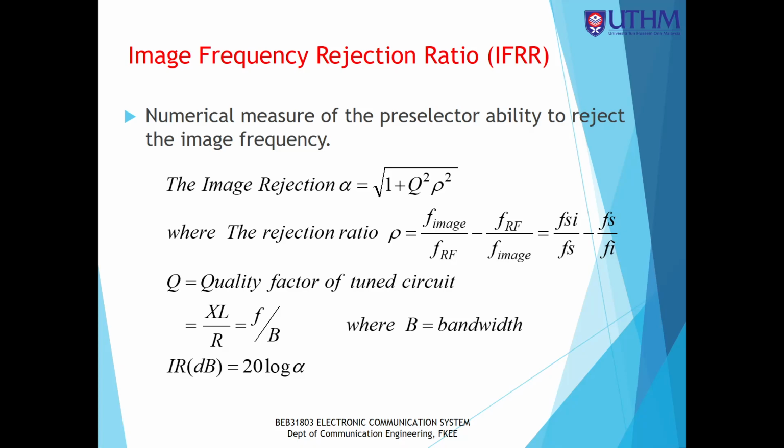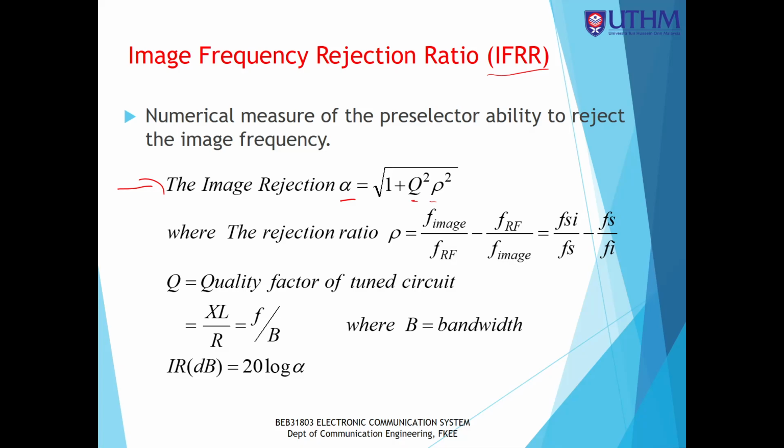We need to find the IFRR, image frequency rejection ratio, which is equal to, first, we need to find the image rejection alpha parameter, which is equal to square root of 1 plus Q square rho square. Q is the quality factor of the tune circuit.